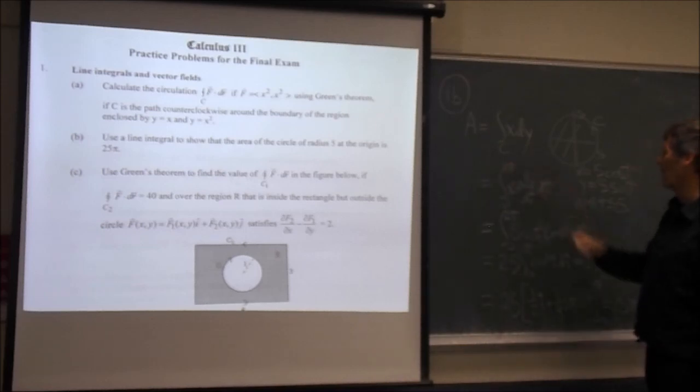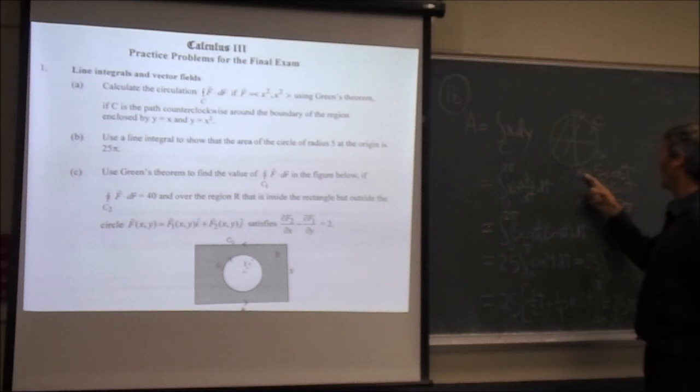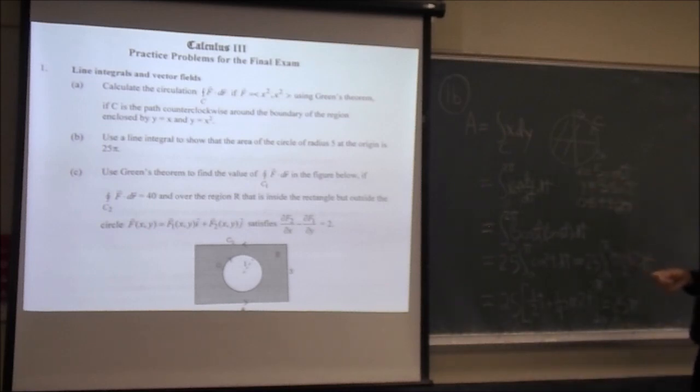Let t run over its range. Well, t goes from 0 to 2 pi. X is 5 cosine t and y is 5 sine t. That is the way you can write the circle parametrically of radius 5.